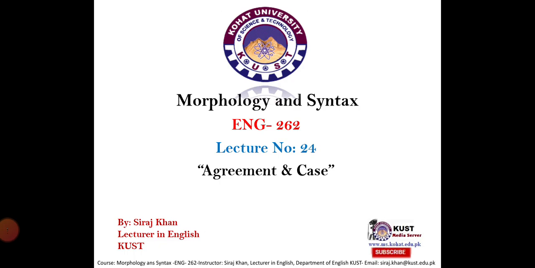Agreement generally involves matching the value of some grammatical category between different constituents of a sentence, or sometimes between sentences, as in some cases where a pronoun is required to agree with its antecedent or referent. Some categories that commonly trigger grammatical agreement can be discussed in this lecture.